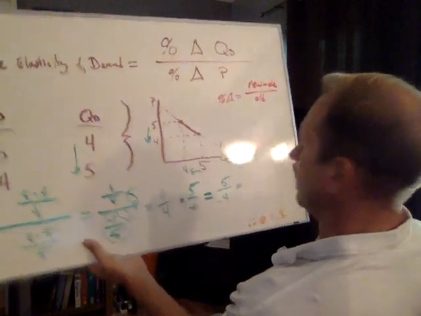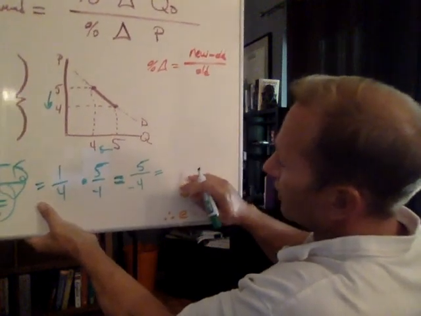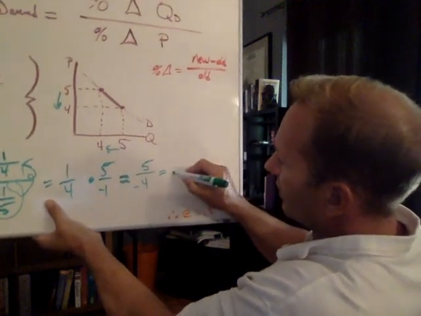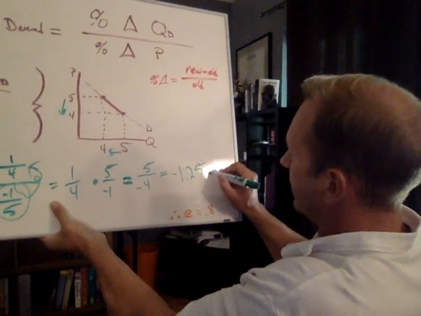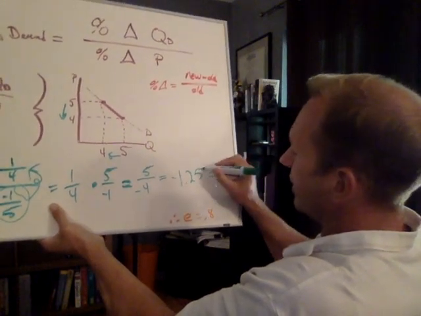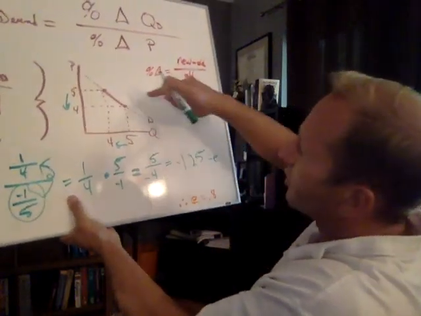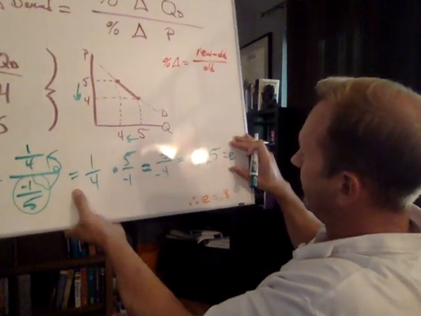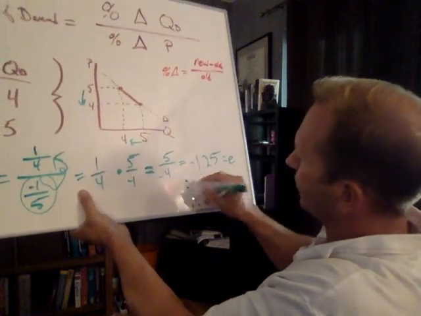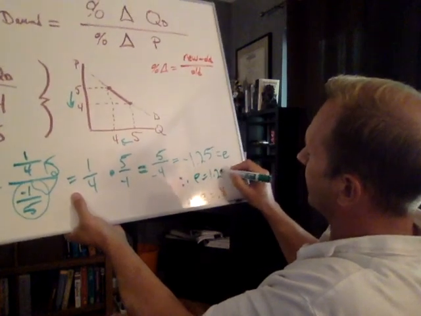Oh dear, here comes the problem. 5 over negative 4 is negative 1.25. That's the elasticity I get when I calculate the price fall. But I did not redraw my line, so this line is the same. How could I have a different elasticity? Well, therefore, E is equal to 1.25 because I ignored the sign.